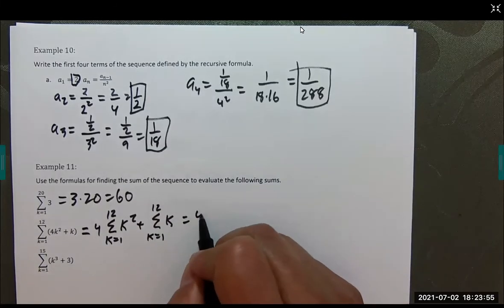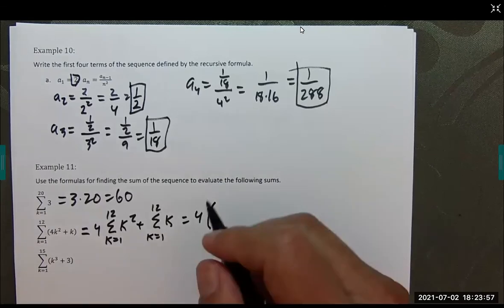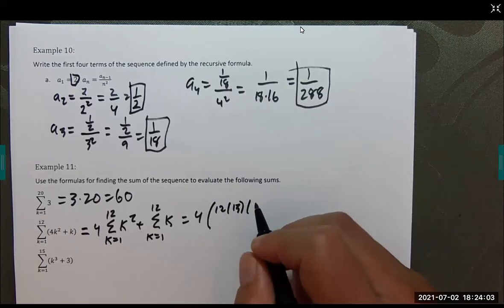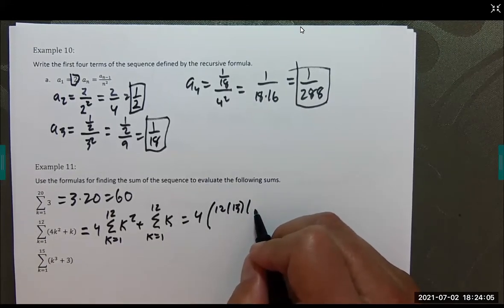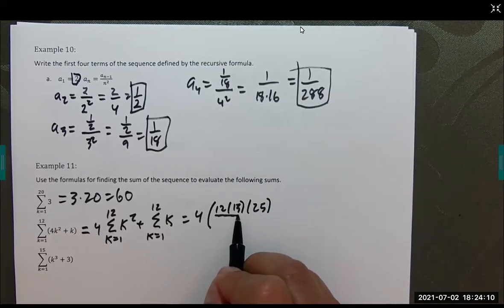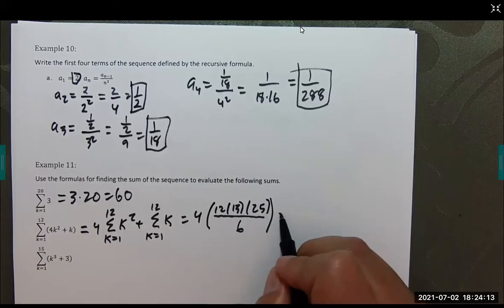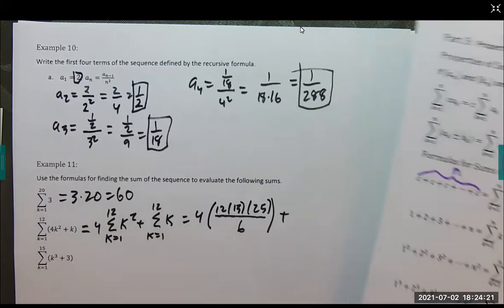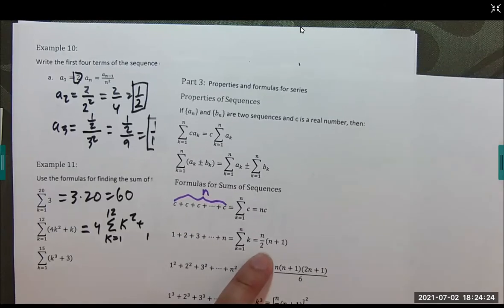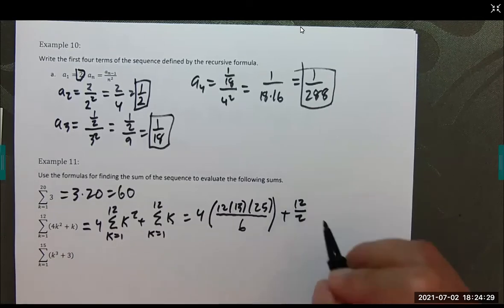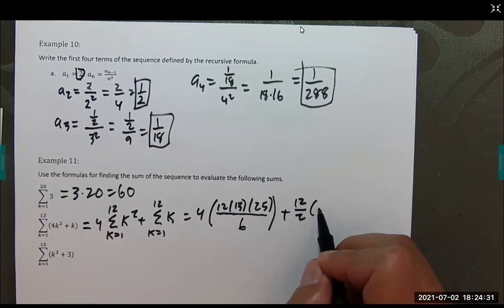So this is 4 times n, which is 12, times 13 times 2 times 12, 24, 25, all divided by 6. Plus, and now I'm going to use this formula where I replaced all the n's with a 12. And now I'm going to use this one here, where n is 12 in this case. 12 over 2 times 12 plus 1, which is 13.